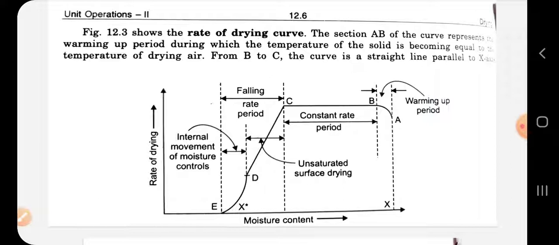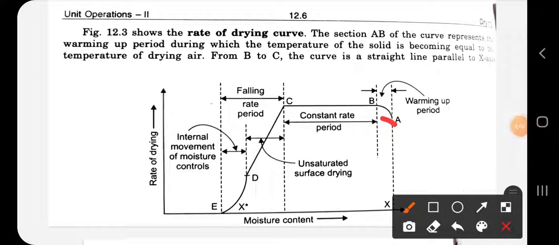Hot air or whatever medium we are using for drying, we start giving to the solid in place. In this section, the temperature of the solid starts to become equal to the temperature of the drying medium. Can you see this section, part A to B? This is the warming up period, and in this period the temperature of the solid which has moisture starts to heat up and goes up to the temperature of the drying air.